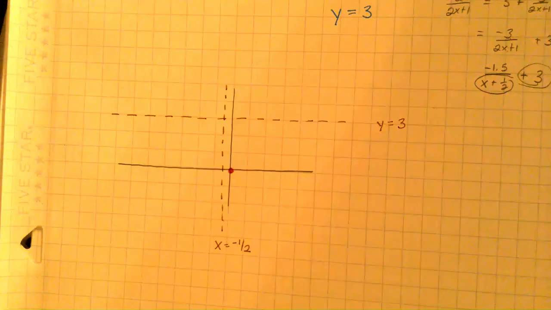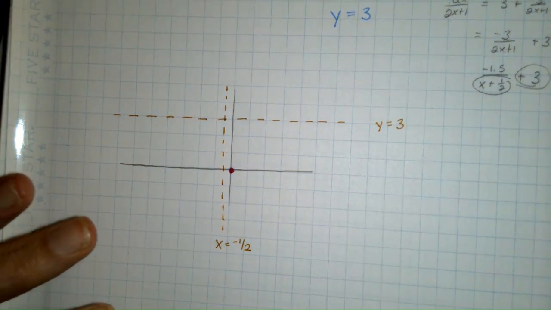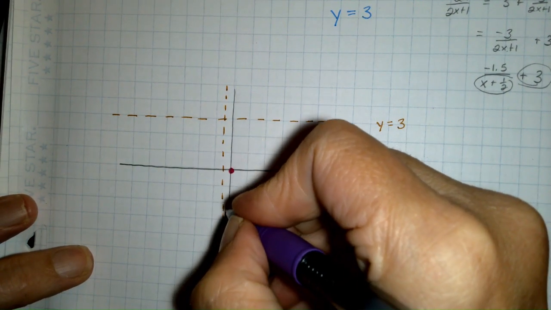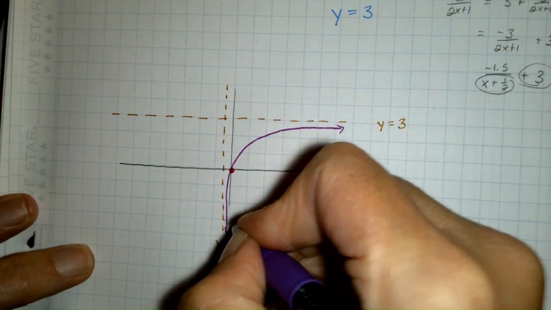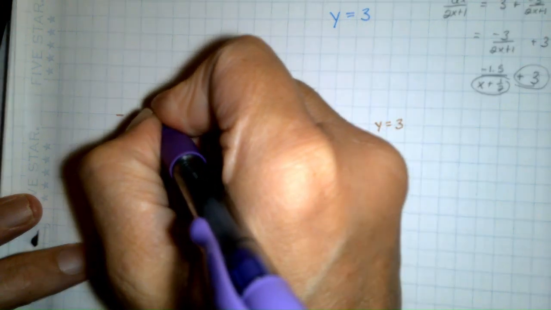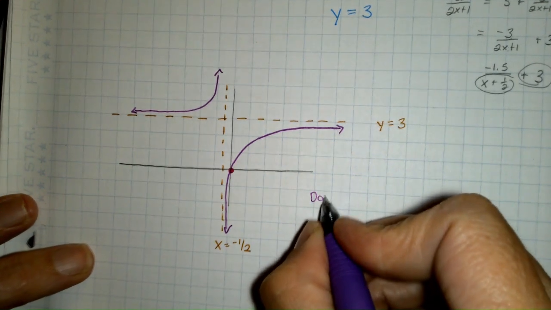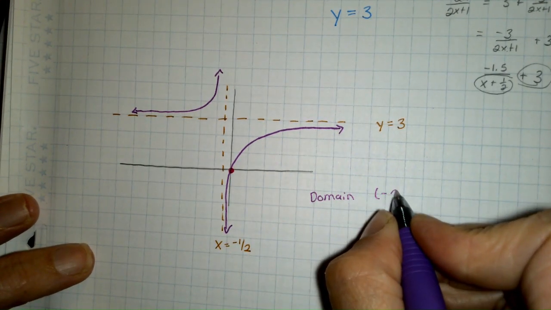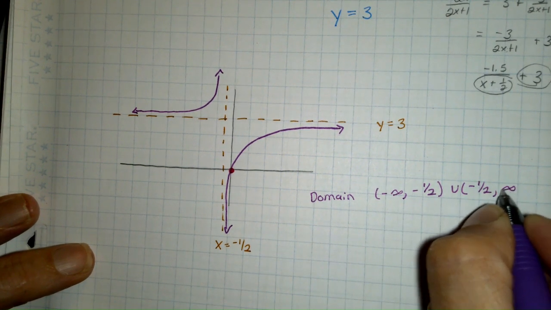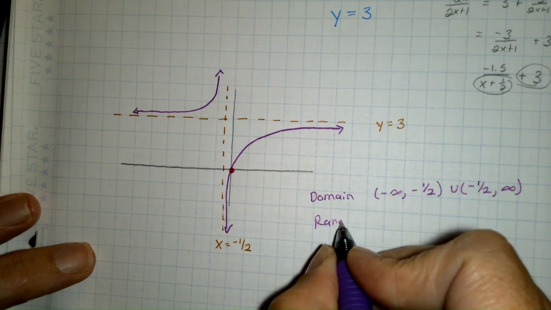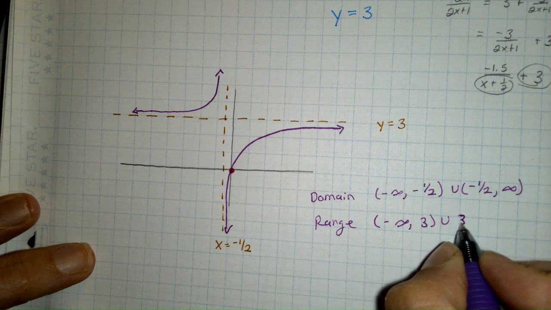Desmos supported that. So if you're in a class that allows utilizing a graphing utility, then by all means do that, and it'll help you get some extra ordered pairs. Or you can make your ordered pairs on your own, and I'm just going to do a rough sketch to finish this out. So our domain is -infinity to -1/2, or -1/2 to infinity. And our range happened to be -infinity to 3, or 3 to infinity.